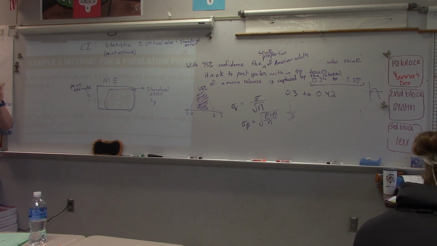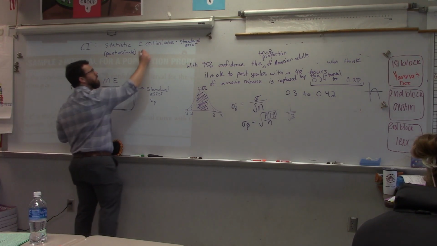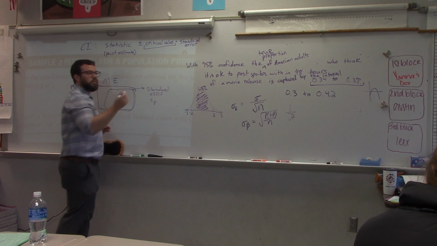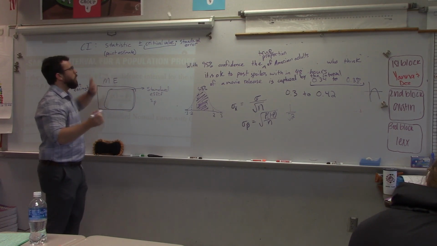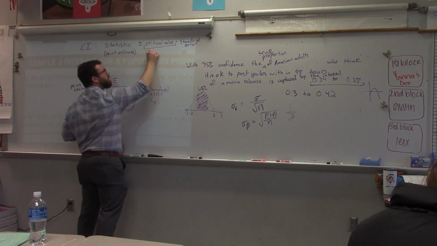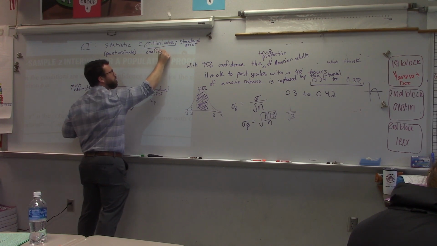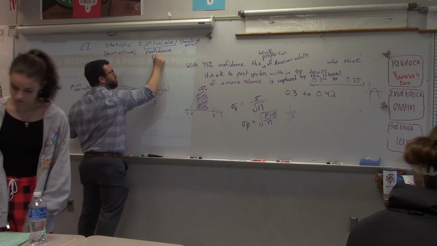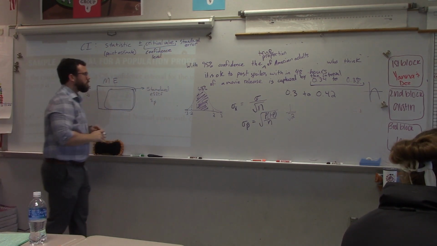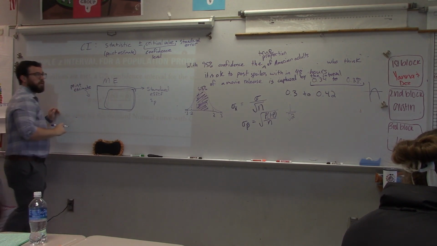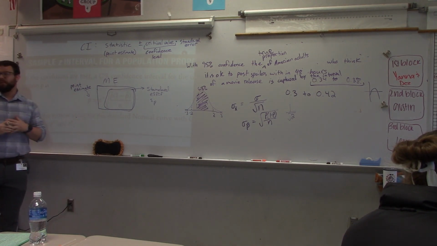Which part of this interval formula is where my confidence level is going to come into play? The critical value. The Z-star, the critical value, right? Standard error is standard error. The statistic is the point estimate. This is where my confidence level comes from.